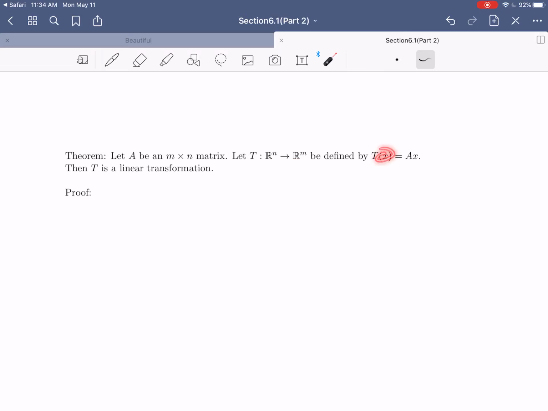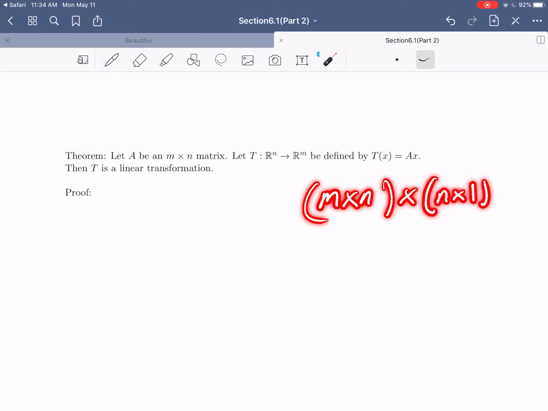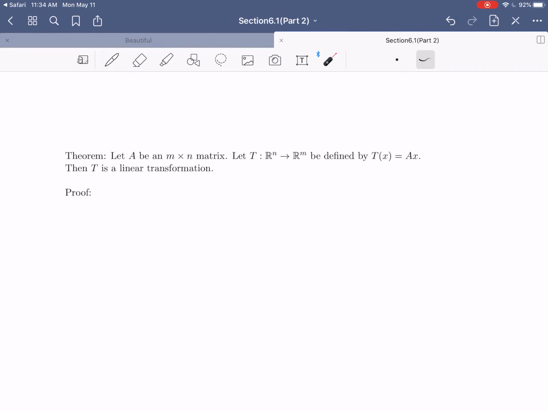If you let x be in Rn, and you let A be an m by n matrix, you are effectively taking your m by n matrix and multiplying it by something that is n by 1, and that is, of course, going to result in something that is m by 1. So that makes sense about why it goes from Rn into Rm. That's what this transformation really does.